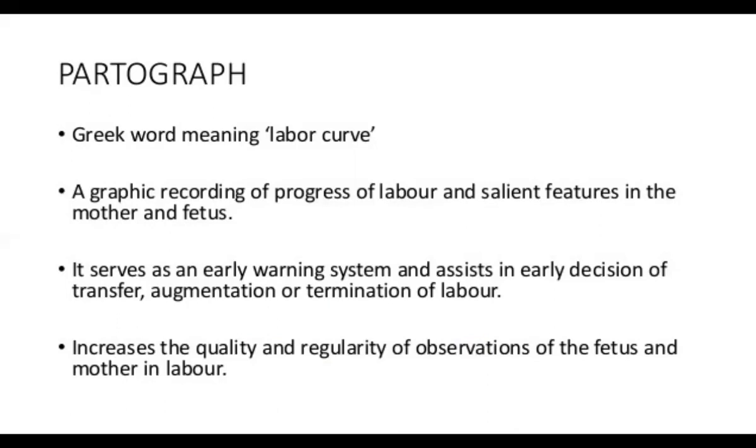It is a graphic recording of progress of labor and the salient features in the mother and fetus that we have to monitor, and it serves as an early warning system and assists in early decision of transfer, augmentation, or termination of labor. On that basis we decide whatever further management we are going to do.